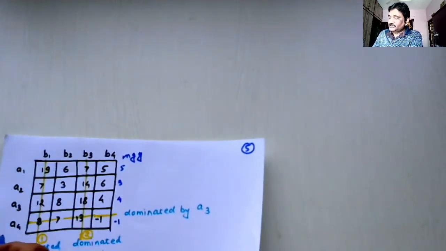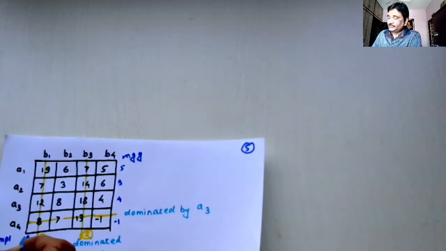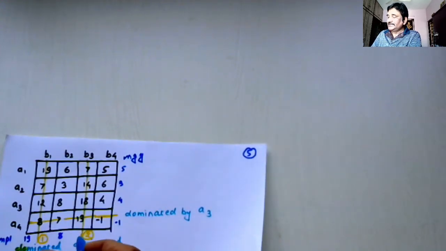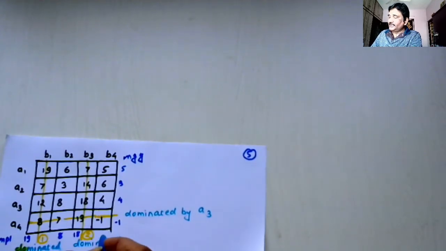And maximum possible loss, MPL: from this column it is 19, from this column it is 8, from this column it is 18, and from this column it is 6.